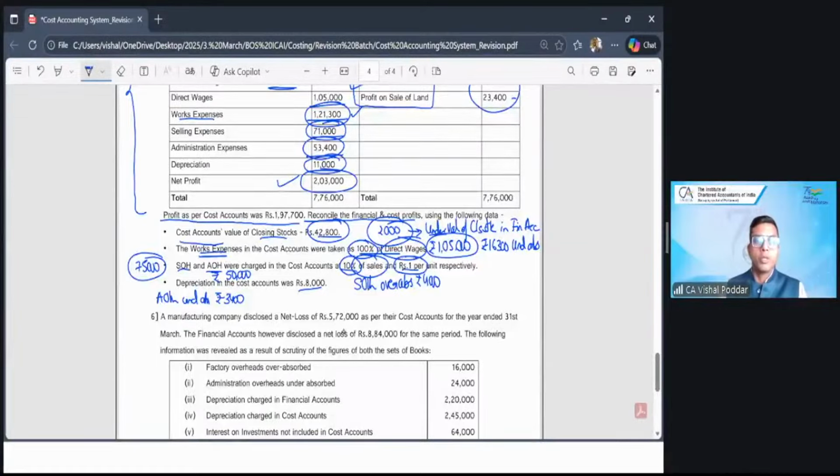Depreciation is 11,000 here, 8,000 here. So again, for depreciation, what is the adjustment? Depreciation is under absorbed, undercharged, because it is less in costing by 3,000. Same: expenses are more in financial, less in costing. So looking at it from the financial perspective, since expenses are more here, profit is less.